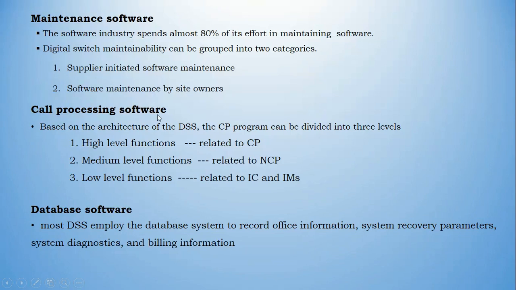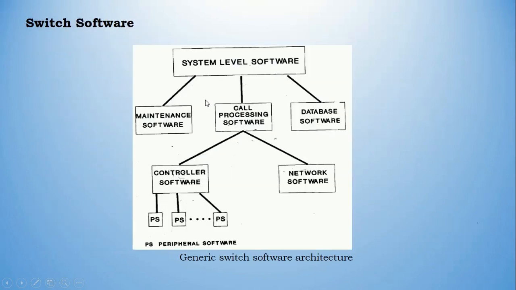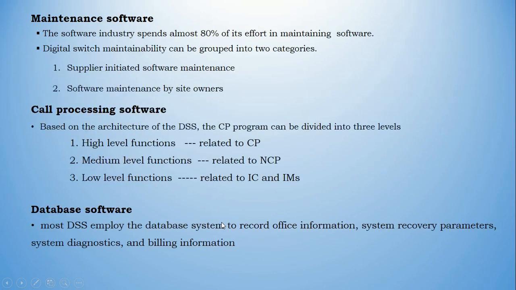And again you have call processing. See here, call processing has 2 options shown here, and you have a third option called peripheral software. NCP is related to network software, the IC controller has controller software, and the modules have peripheral software. Same thing is written here.